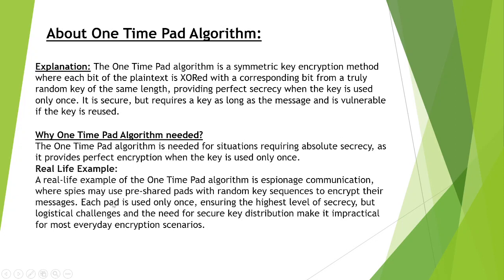Each pad is used only once, ensuring the highest level of secrecy, but logistical challenges and the need for secure key distribution make it impractical for most everyday encryption scenarios.